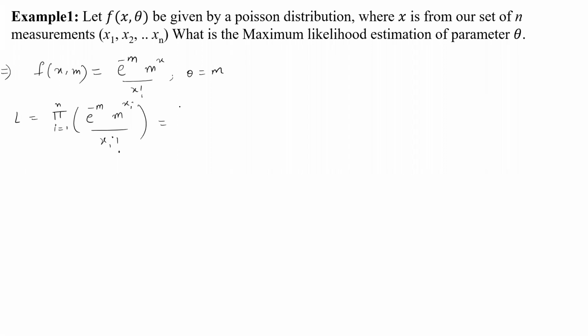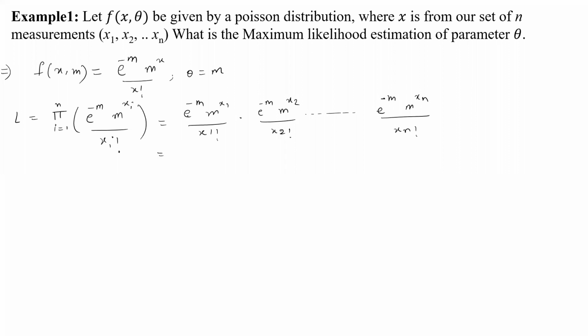When you break this, you will get e power of minus m into m power of x1 divided by x1 factorial, into e power of minus m into m power of x2 by x2 factorial, and so on. And the last term will be e power of minus m into m power of xn divided by xn factorial.